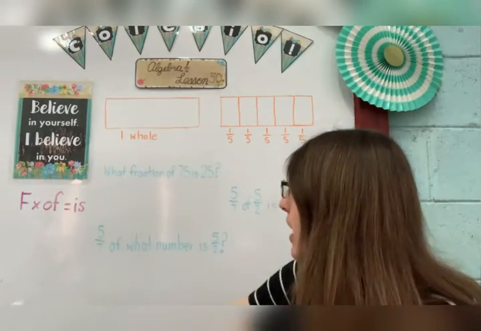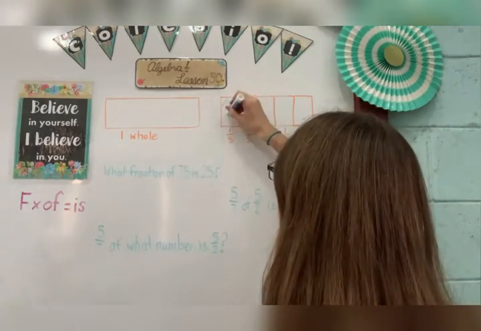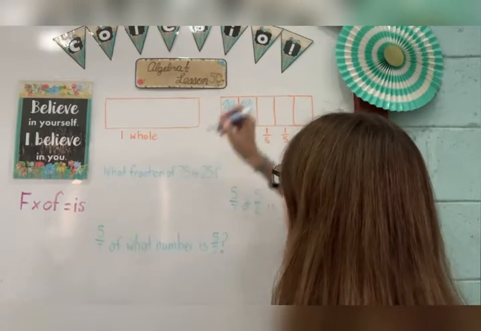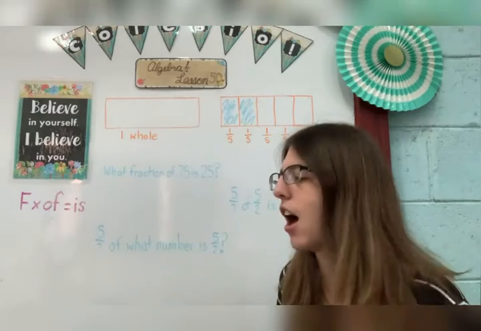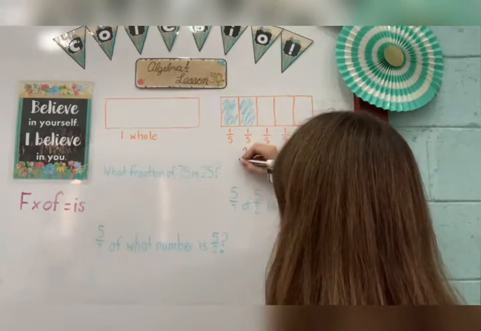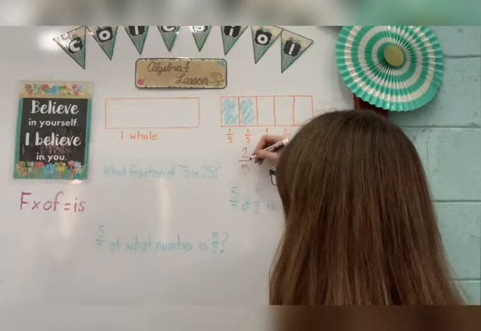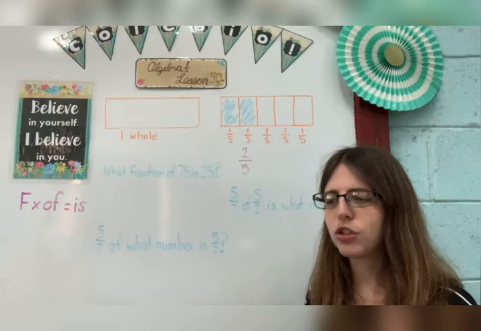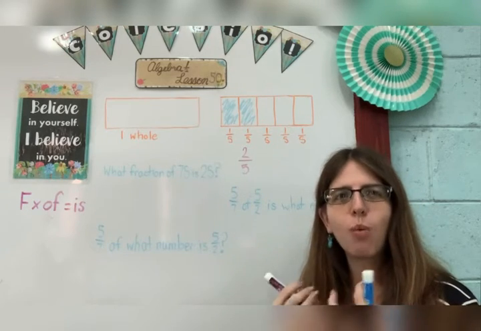If I color in 2 of those parts, I've just colored in 2/5 of my whole. So the fraction that I've colored in would be 2/5. But let's say that my whole actually represents more than just one thing.